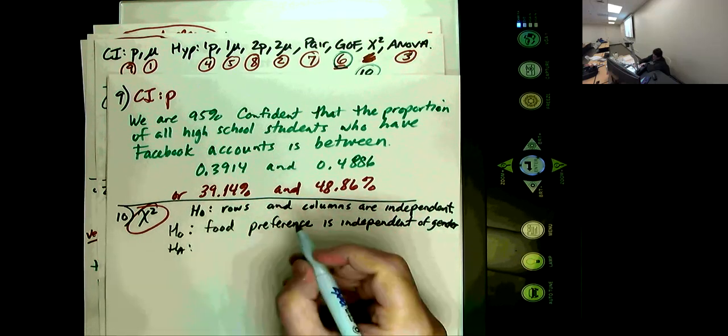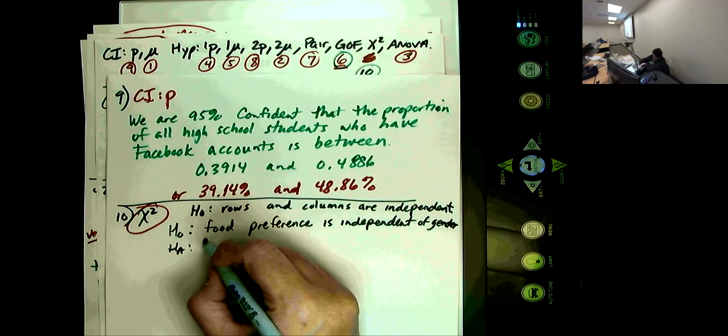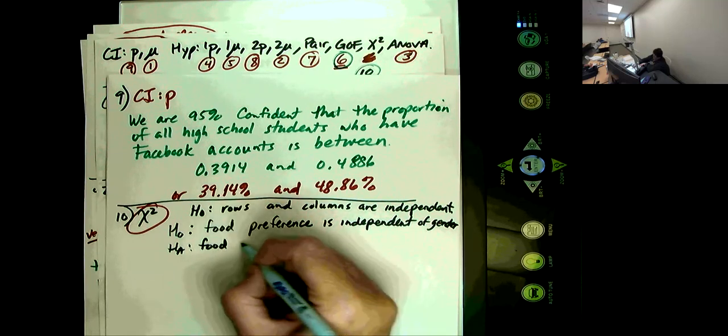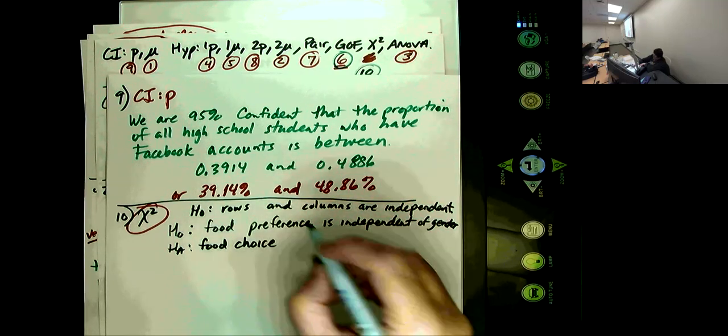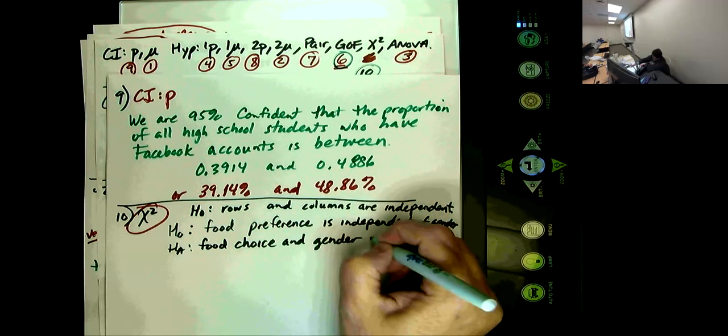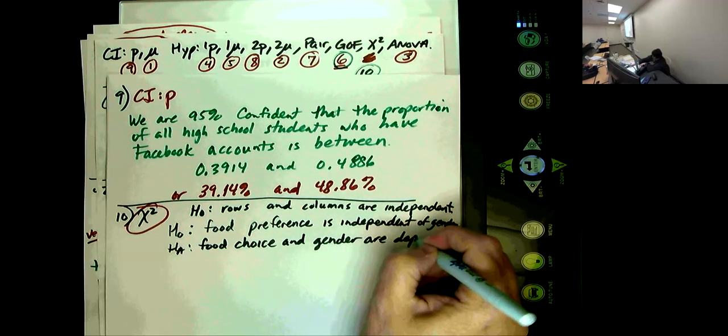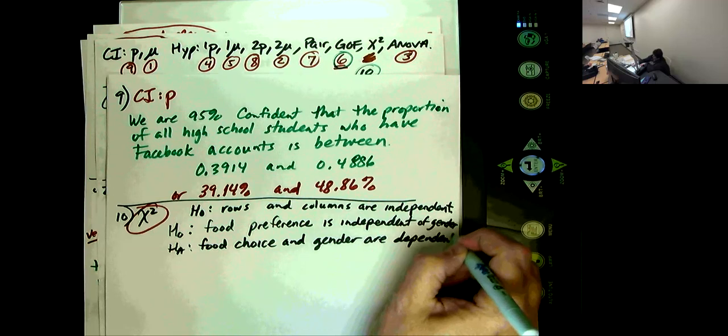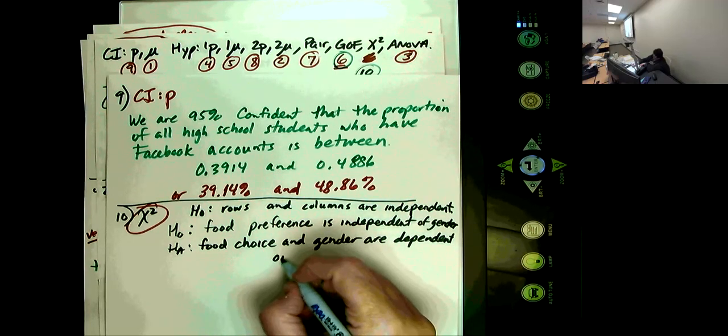HA is food choice. I'm gonna say choice because it's shorter to write than preference. And gender are dependent. Or you could say, or not independent.